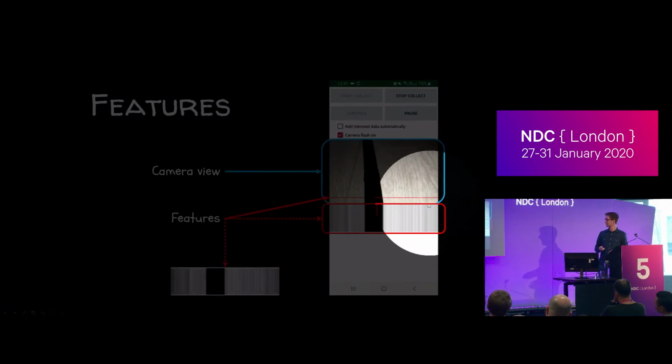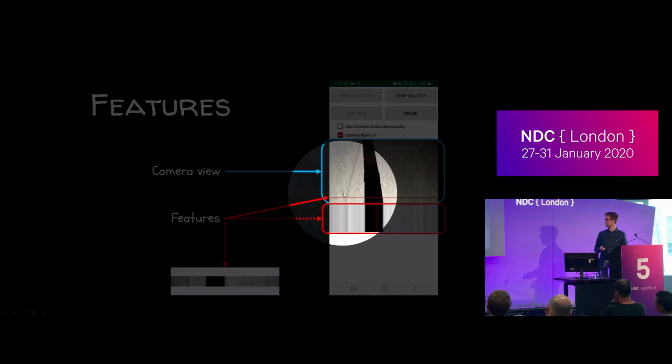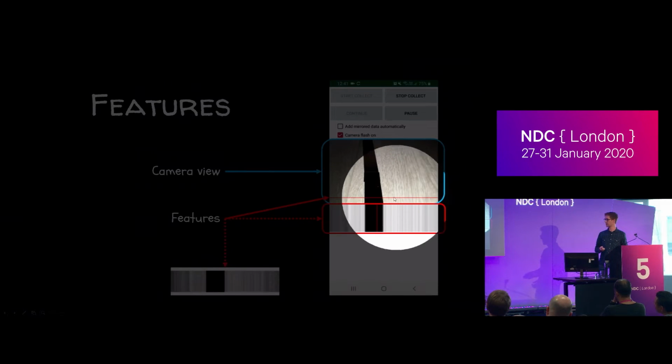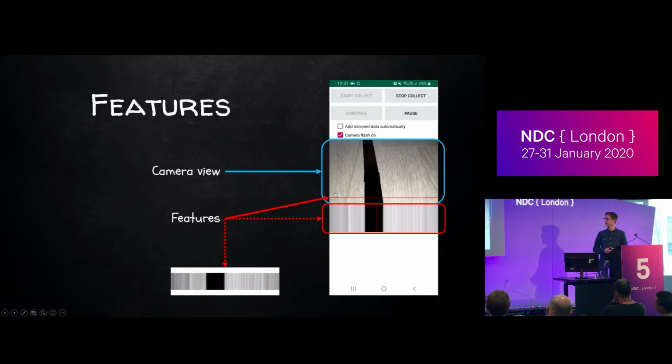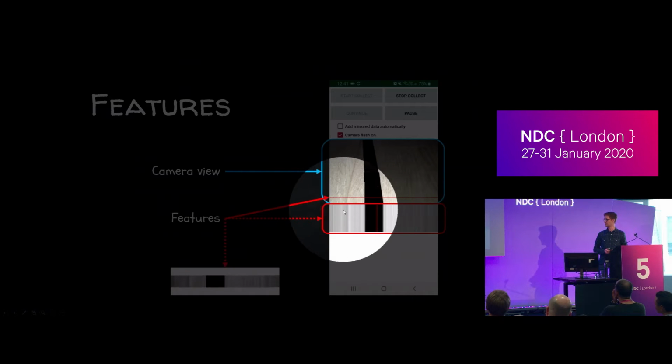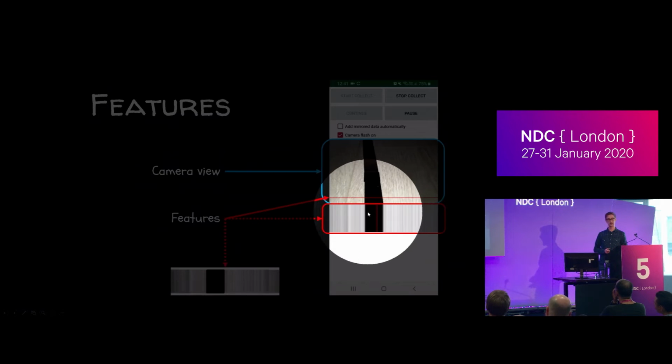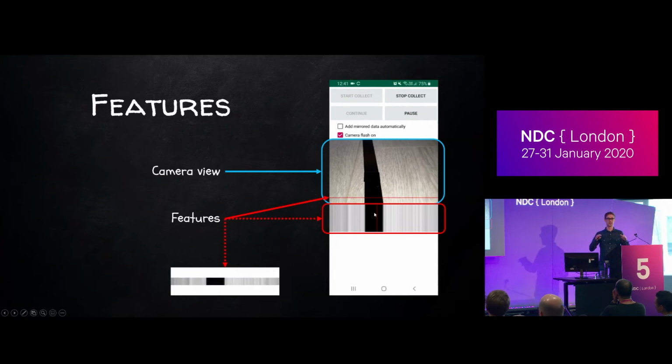So let's use this pixel row here as features. And what you see below that, the picture here, that is actually just that single pixel row stretched in the vertical direction, just to visualize it a bit better.